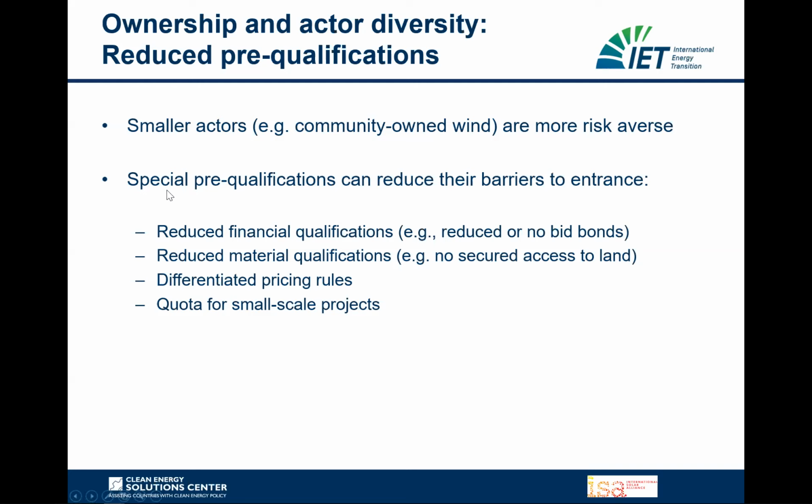So there are various options for you within the renewable energy auctions to make life easier for community-owned solar PV projects or other small-scale actors. And there's also some further reading on this in the further reading material at the end of this webinar.